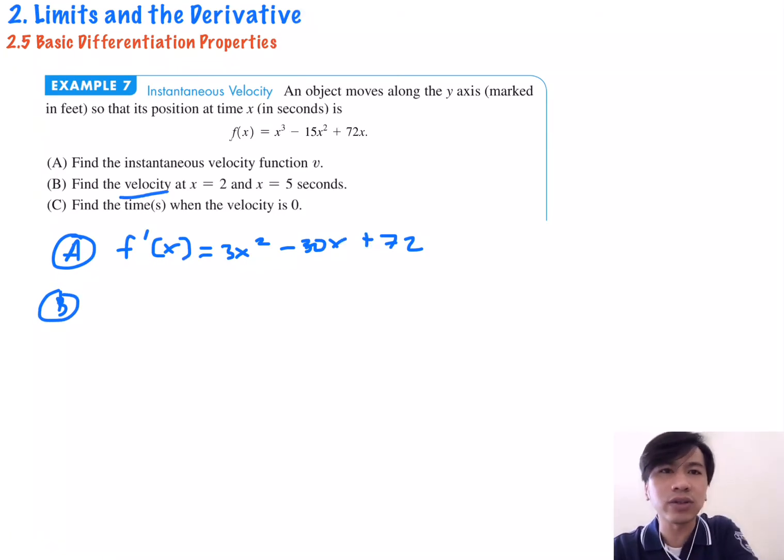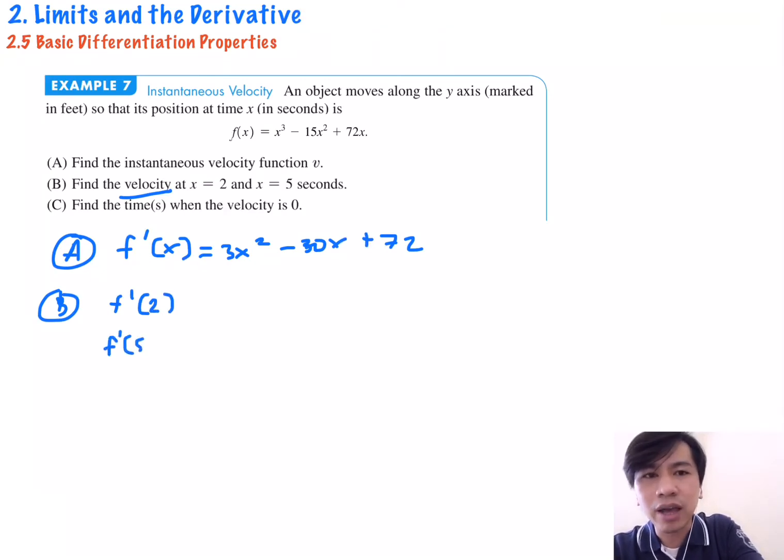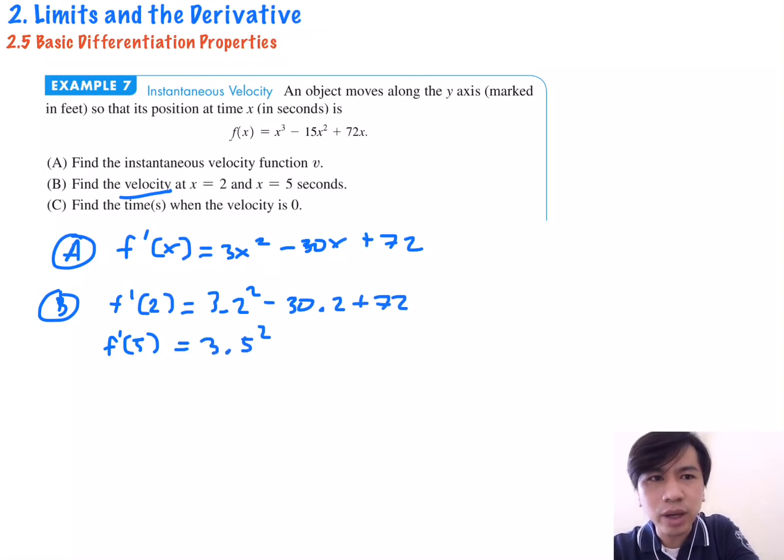When it asks you for the velocity, it means the derivative, the instantaneous velocity at that point. So what you need to do is put f prime of 2 and f prime of 5 into the equation. 3 times 2 squared minus 30 times 2 plus 72, and this is also the same, 3 times 5 squared minus 30 times 5 plus 72.